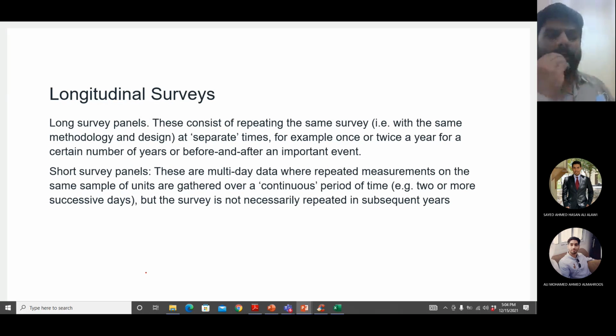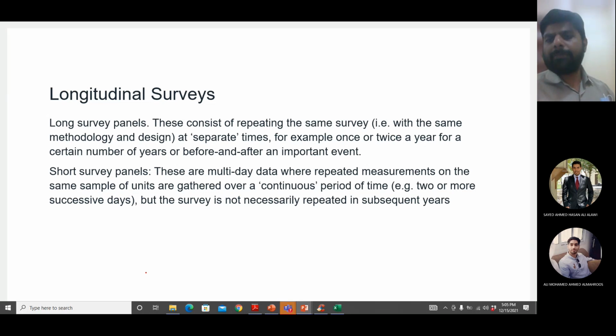Okay, then the panels can be long survey panels and they can be short survey panels. Okay, this is a type of panel study. Any type of panel study can be long survey or short survey. Okay, long survey means repeating the same survey with the same, whatever type of panel you are using, split or rotating or whatever, at separate times.